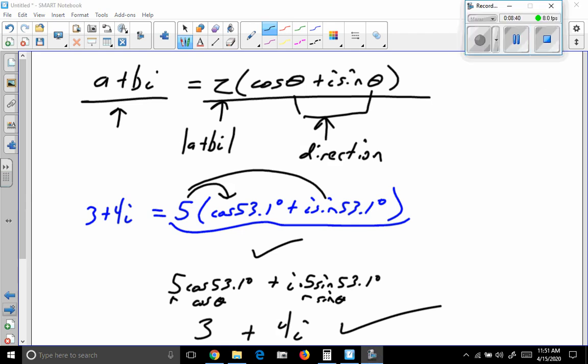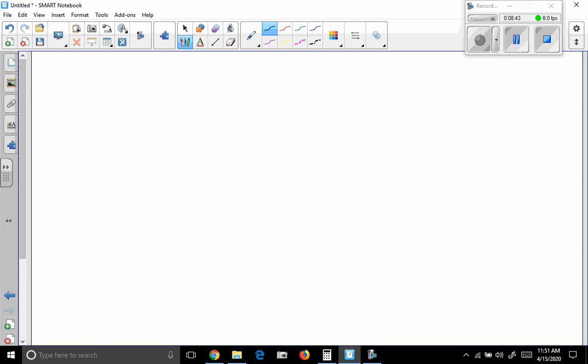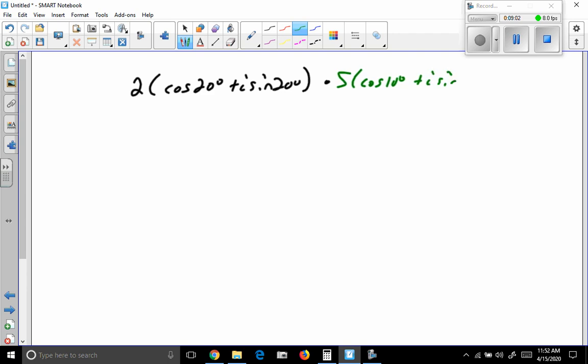So the next thing we want to do is multiply complex numbers together that are in trig notation. So if we have 2 cosine 20 degrees plus i sine 20 degrees, and we multiply that times 5 cosine 10 degrees plus i sine 10 degrees, then the formula that we use to multiply those together is that we multiply the radii together and we add the angles.